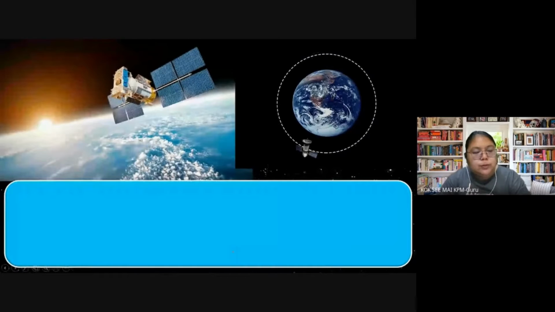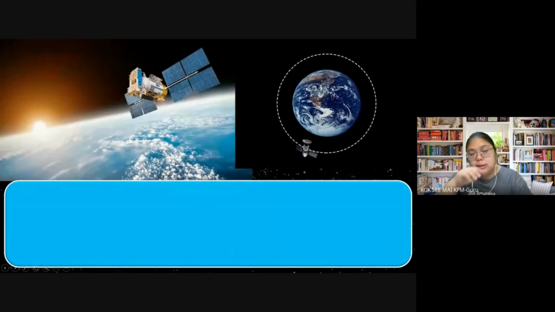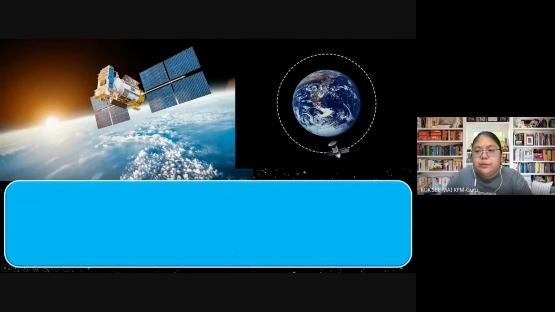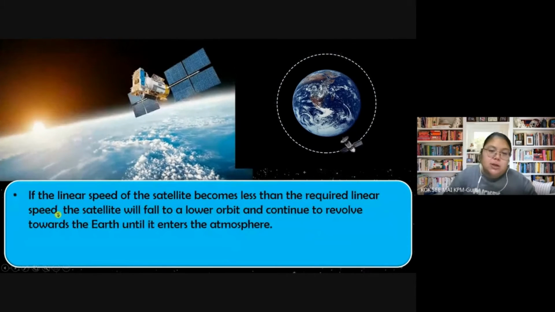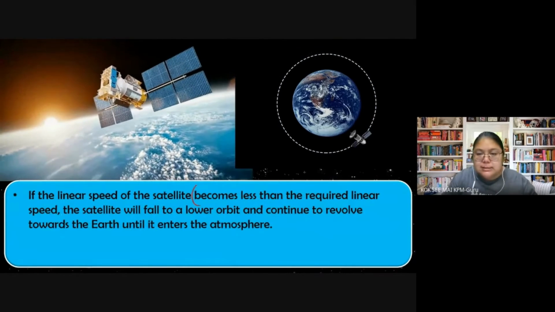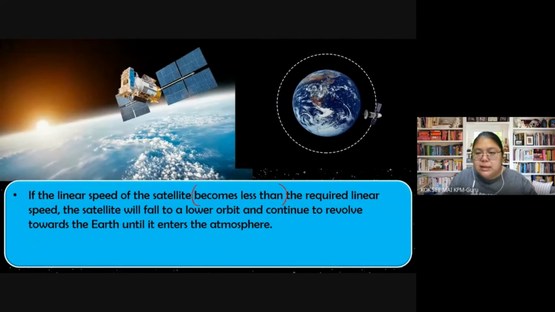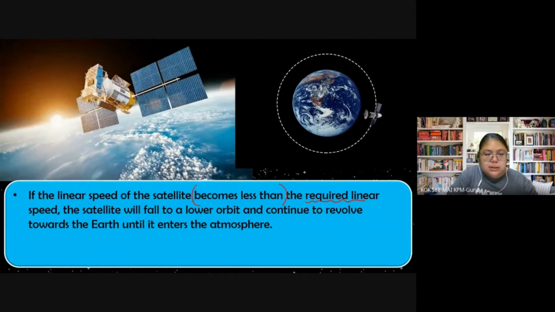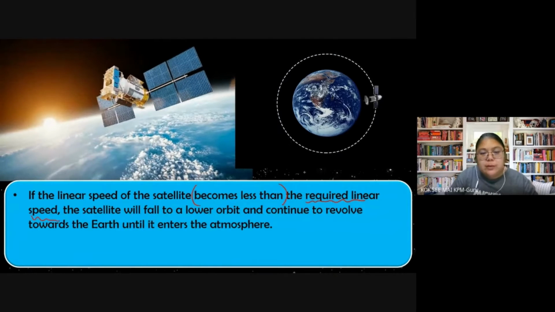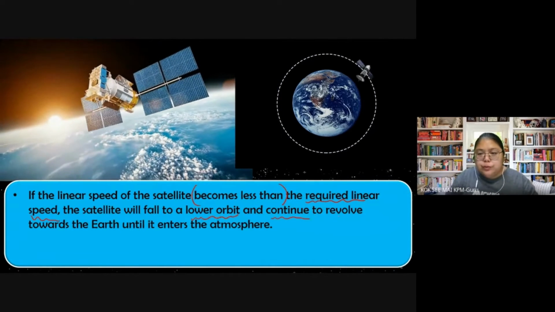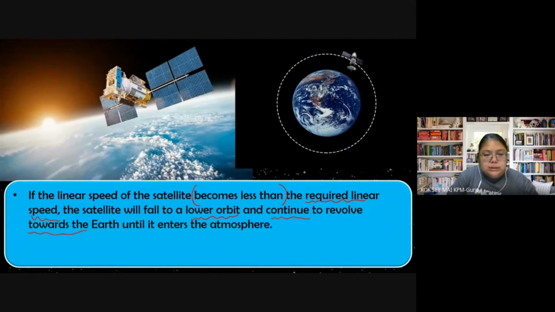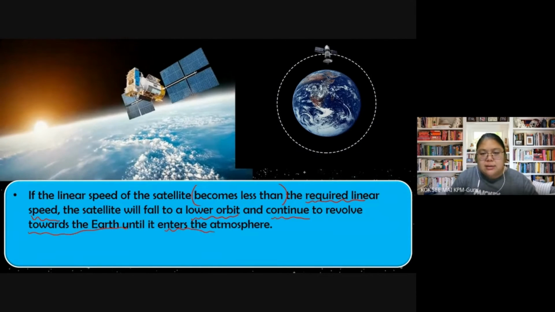Okay, we continue. Just now was the linear speed. Now we continue with another one. Okay, if the linear speed of the satellite becomes less than the required linear speed, the satellite will fall to a lower orbit and continue to revolve around the Earth until it enters the atmosphere.